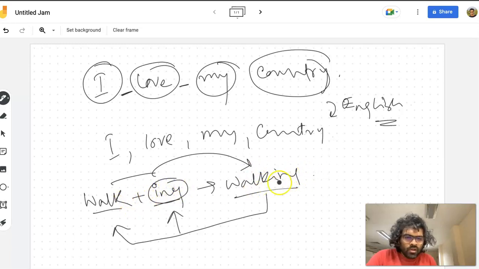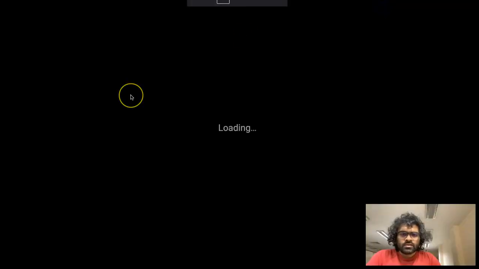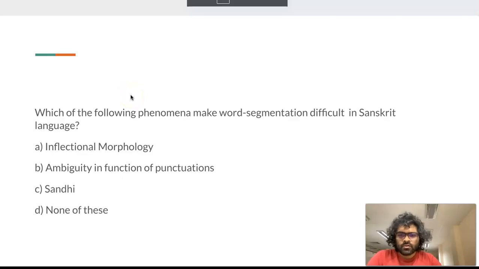There is no changing of form here. So this is kind of easy. We get a word, add a suffix or prefix, and get another word. Now, is it possible for Sanskrit or not? What kind of difficulty will we face for Sanskrit if we go for this kind of segmentation?